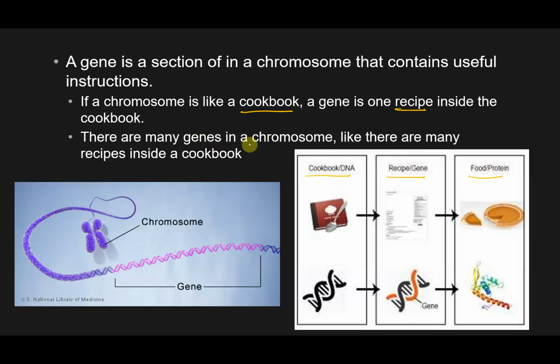Because we have 46 chromosomes, you essentially have 46 big cookbooks in the nucleus of every one of your cells. And so many genes within them, just like many recipes within a cookbook.